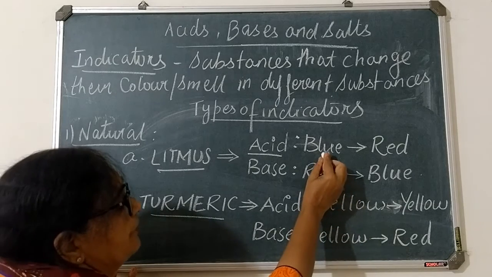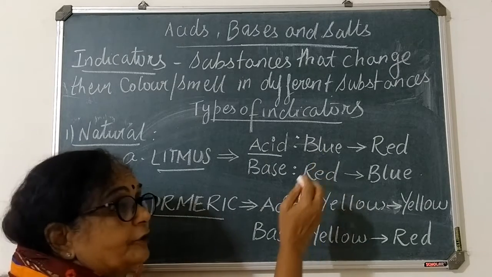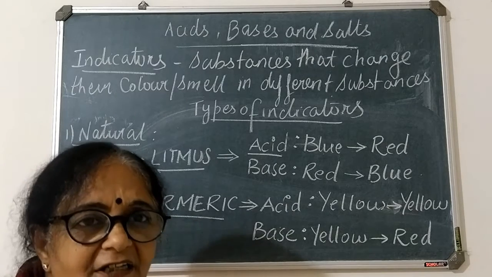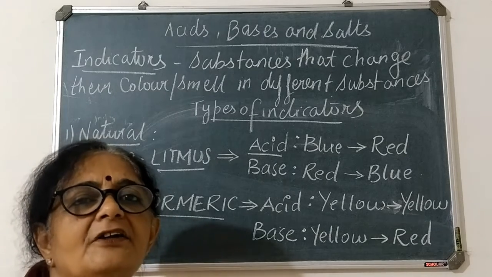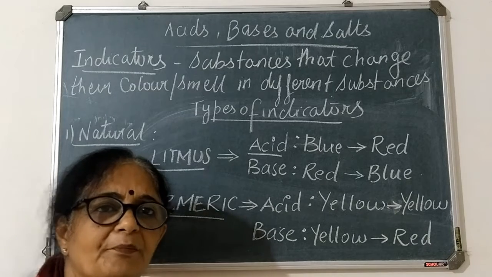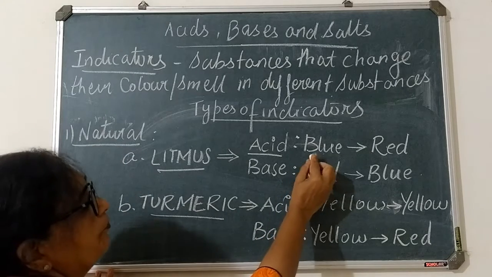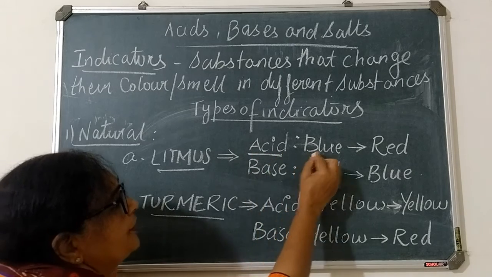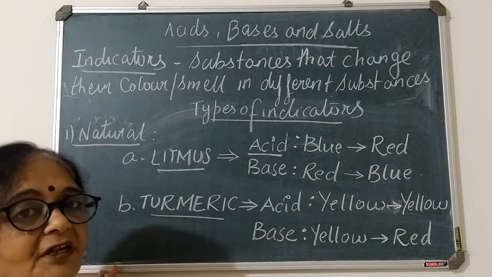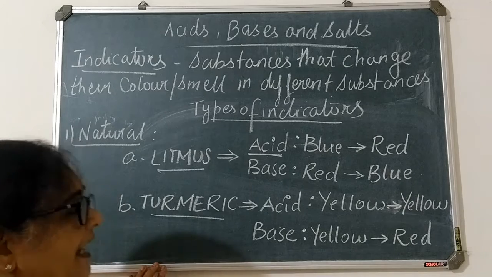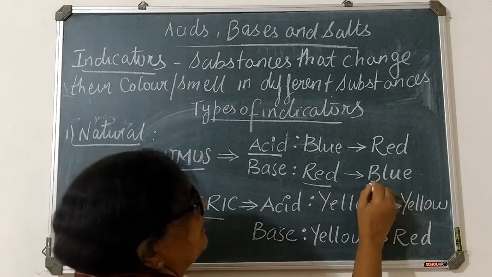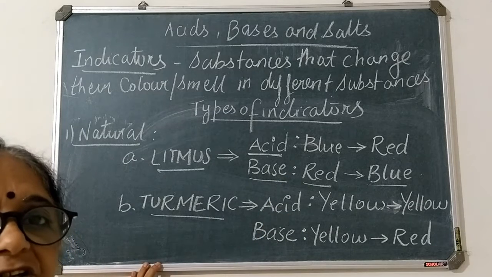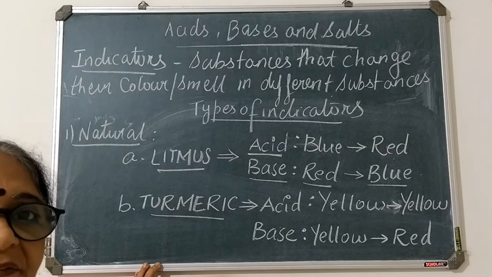There are two colors of litmus paper, red and blue. If a blue litmus paper turns red, the substance is an acid. And if the red litmus paper turns blue, then the substance we are checking is a base.